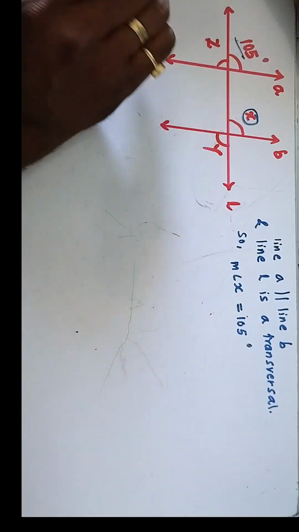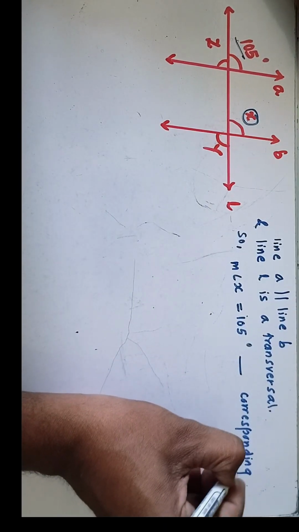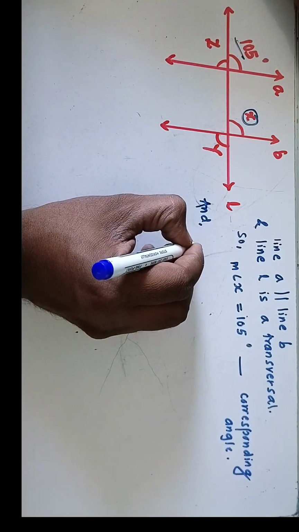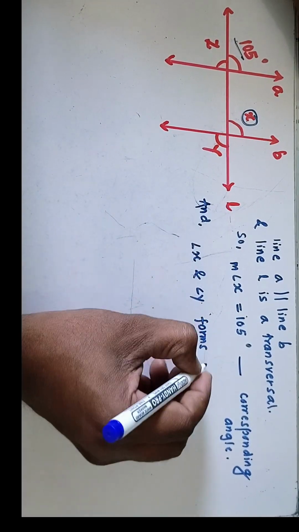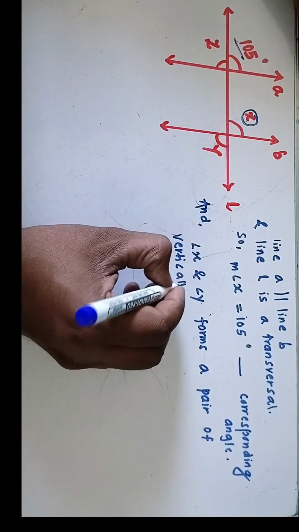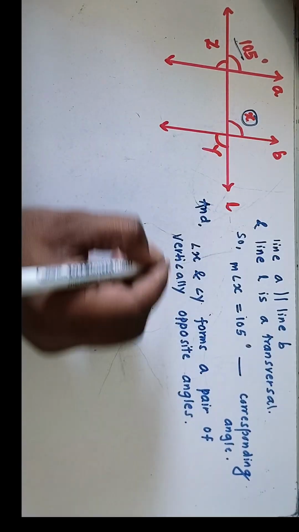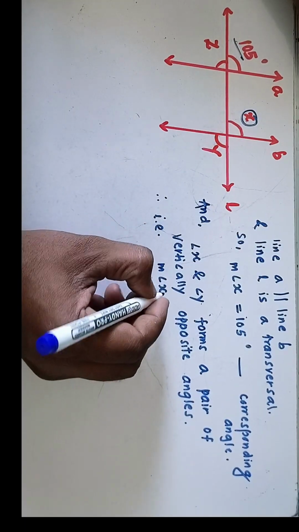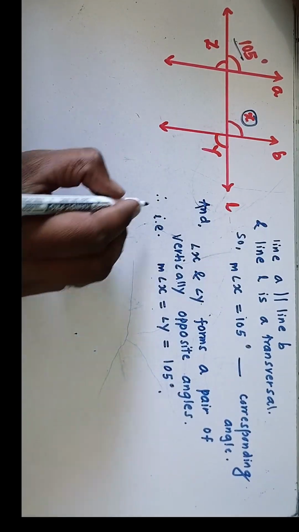This is measure of angle X is equal to 105 degree because it forms corresponding angle, and angle X and angle Y forms a pair of vertically opposite angles. That is, therefore, measure of angle x is exactly equal to measure of y equal to 105 degree.